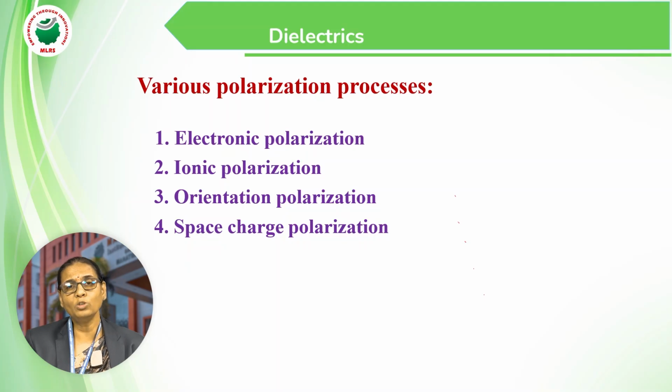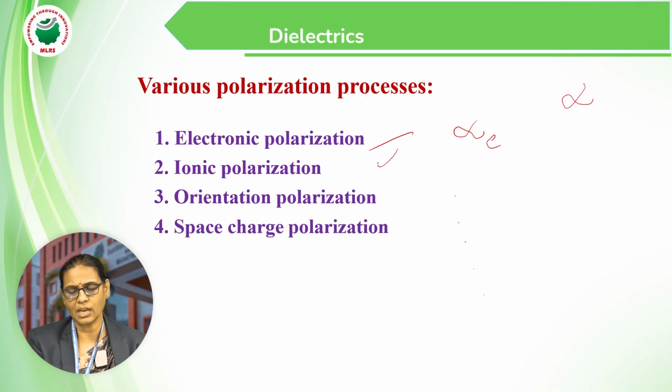Based on the amount of electric field you are applying on an atom, 4 different types of polarization processes take place. First one is called electronic polarization, which we represent by the letter alpha E.